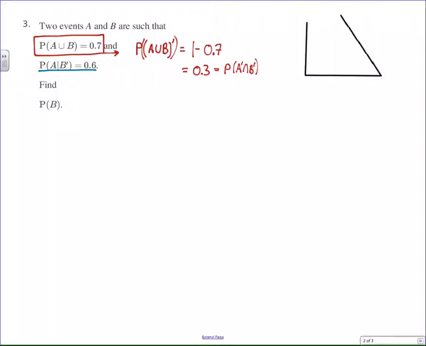Just quickly showing, and draw some circles. So here in Venn land, this would be A or B. Basically, if it's not A and it's not B, then it has to be everything outside.